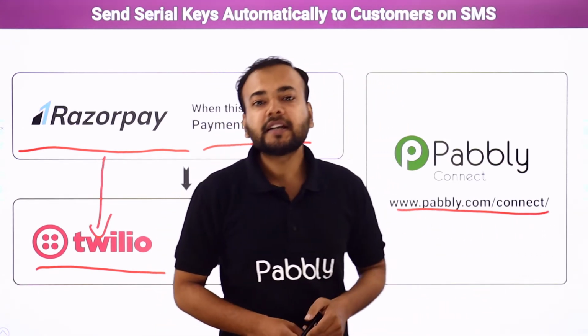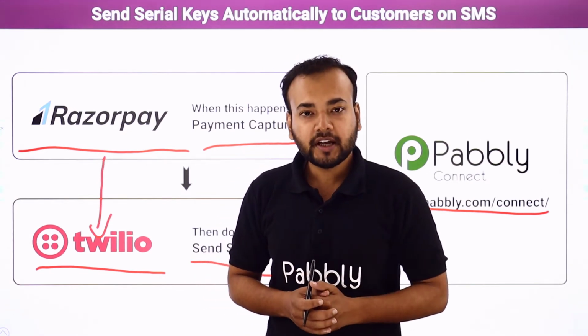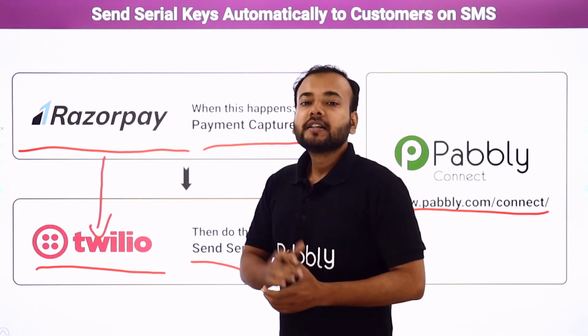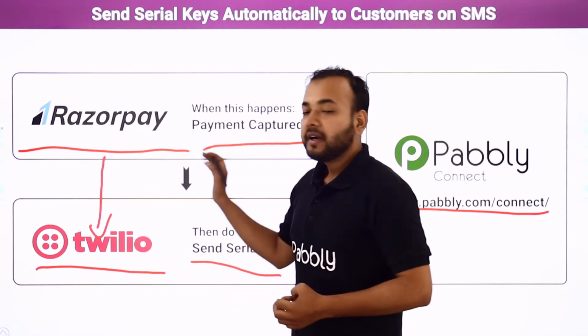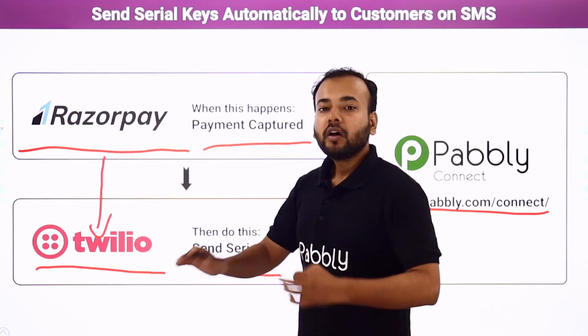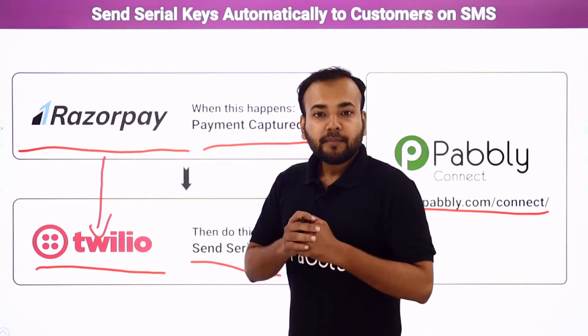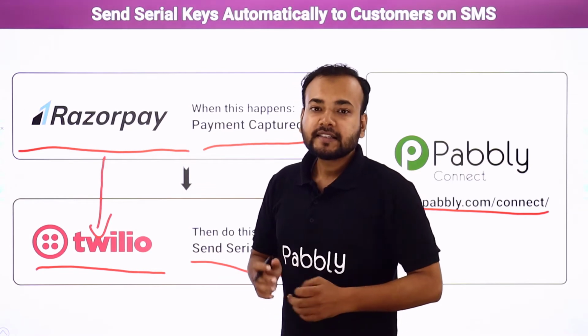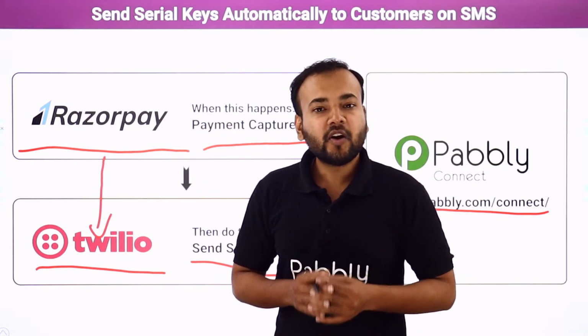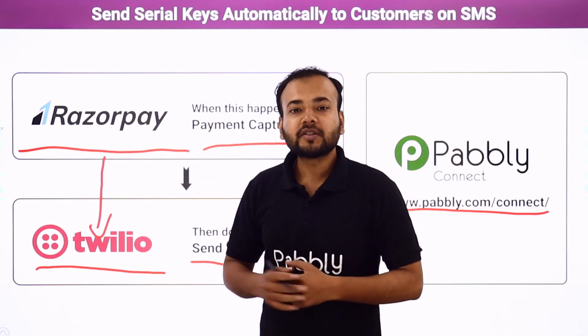So guys, Pabbly Connect is an integration and automation software, and what it will do is connect these two applications together such that whenever you receive a new payment here, an SMS will get automatically delivered to the customer along with your serial key. And the best part of making this automation, guys, is that you will not require any coding skills or programming knowledge, so any non-technical person can also make this automation.